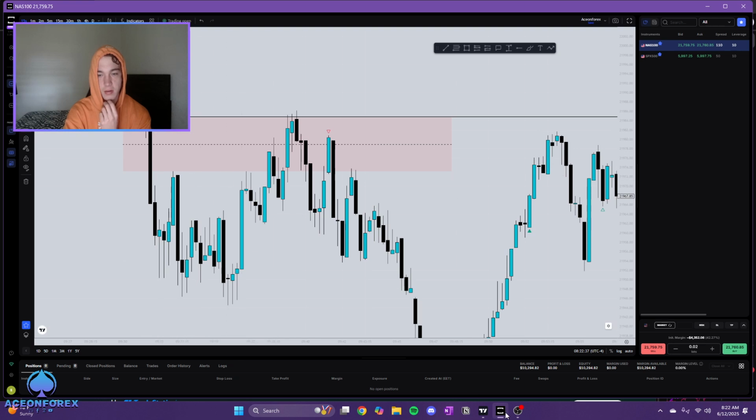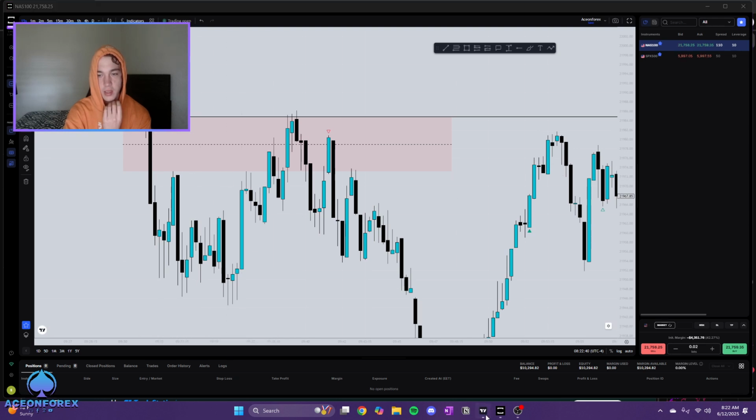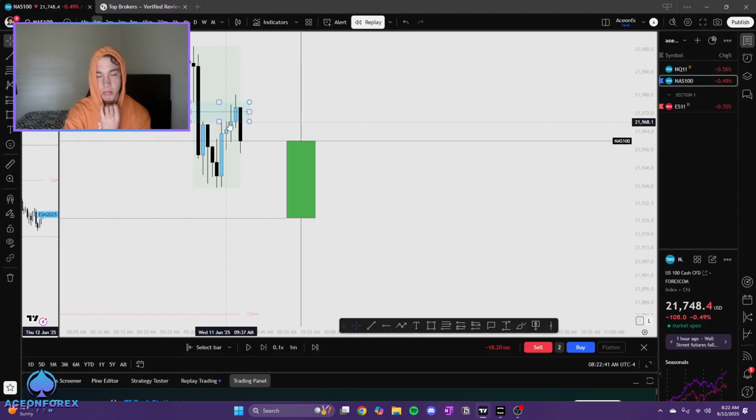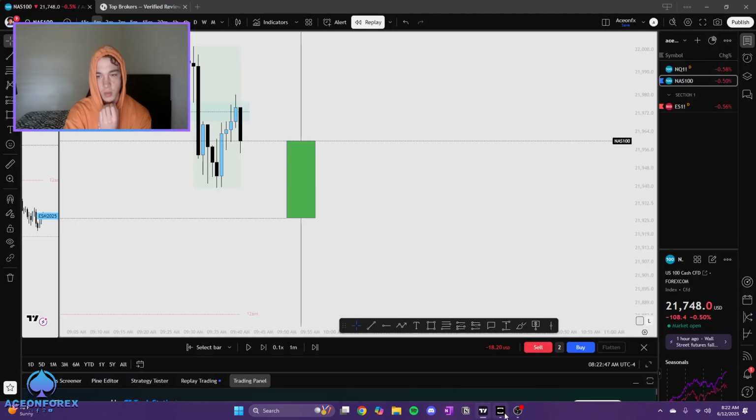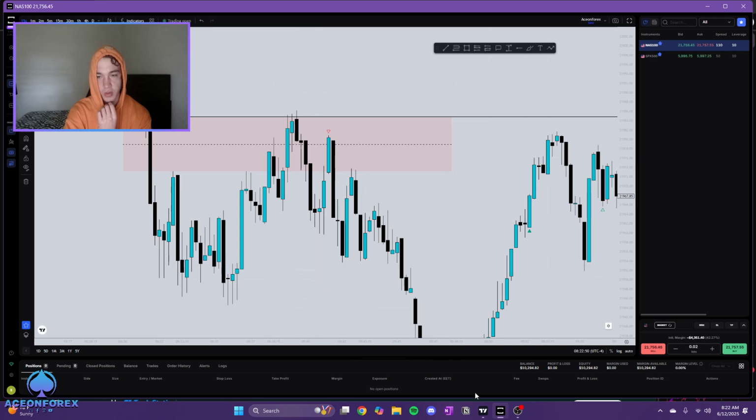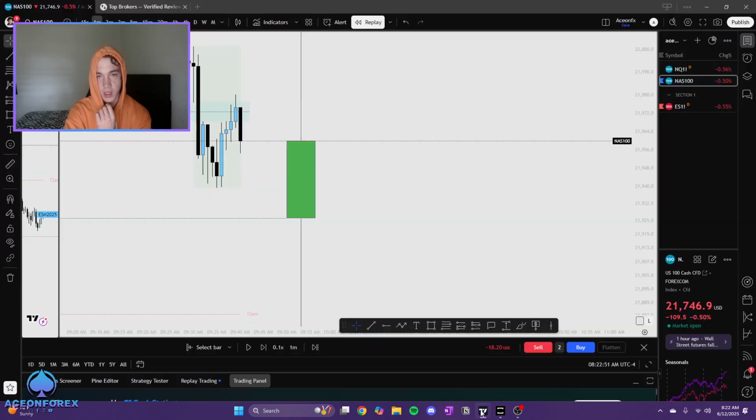On here you can't see that because we're looking at 15-second candles, so we're looking inside these 1-minute candles. I can't do that over here.